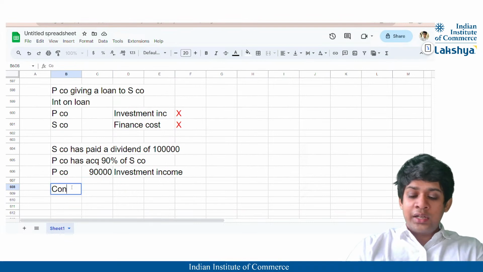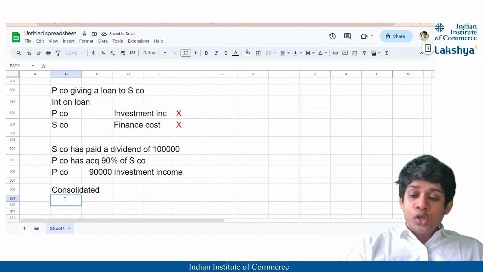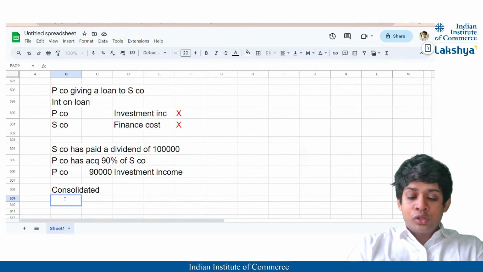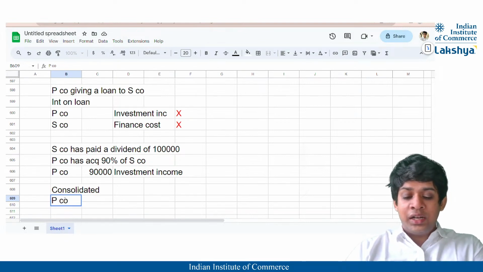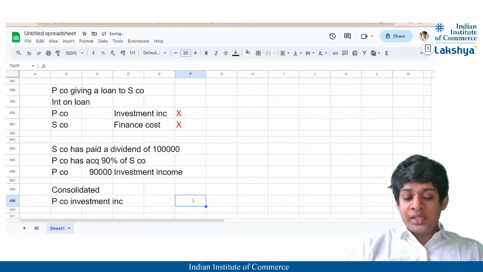But for consolidated financial statements, this is an intra-group income, so it shall be eliminated. Maybe P company's complete investment income in the consolidated statement of profit or loss is stated as 2 lakh.